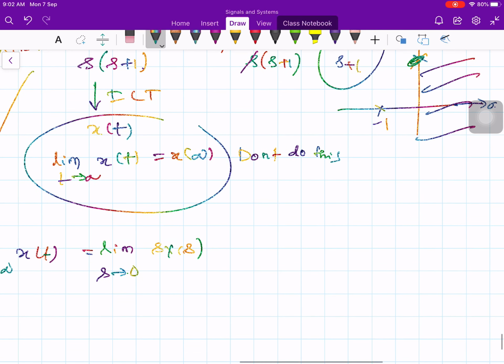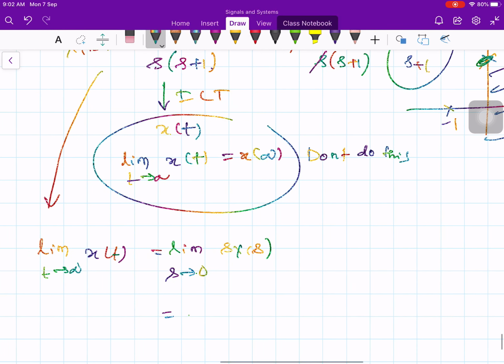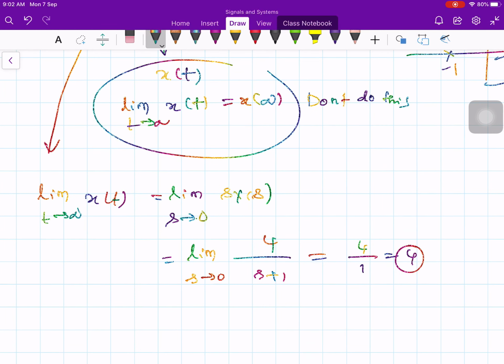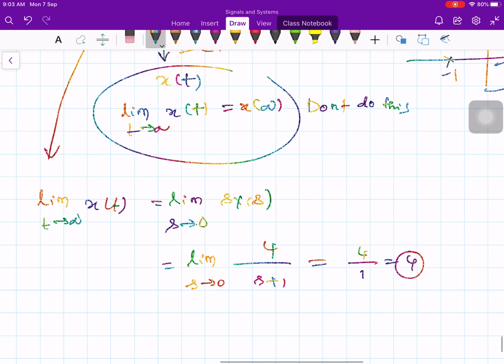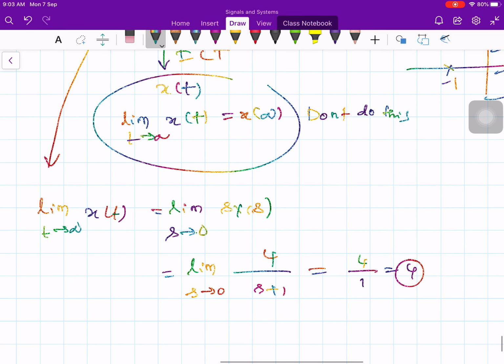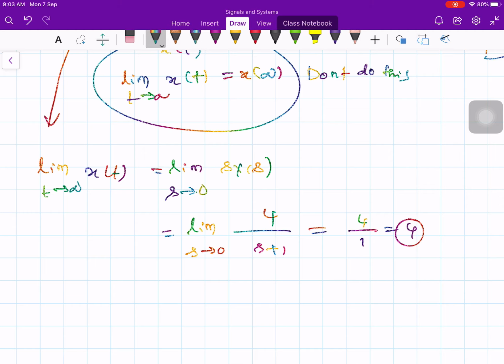So limit s goes to 0, 4 divided by s plus 1. Now if s goes to 0, then it is 4 divided by 1, which is 4. So this is the final value of the given function. Even if you want, you can take the inverse Laplace transform and substitute t goes to infinity to prove it. So the final value of the time function is 4 units. We did not have to really find x of t.